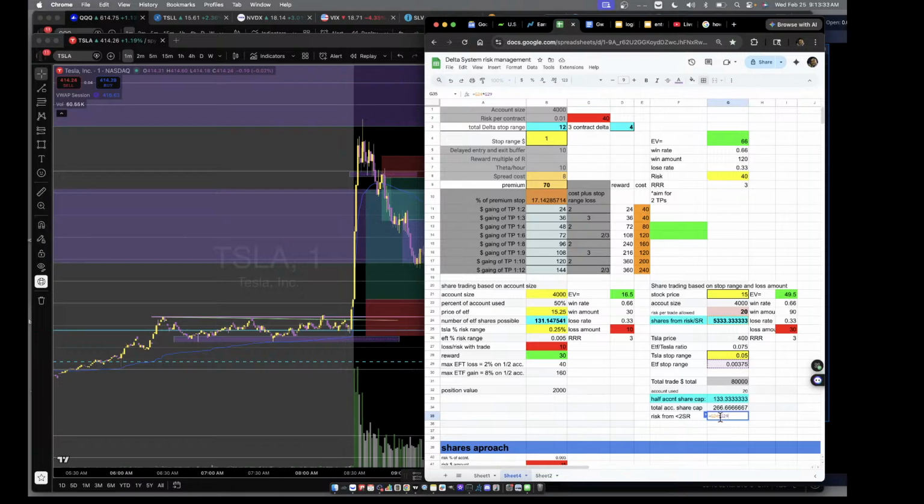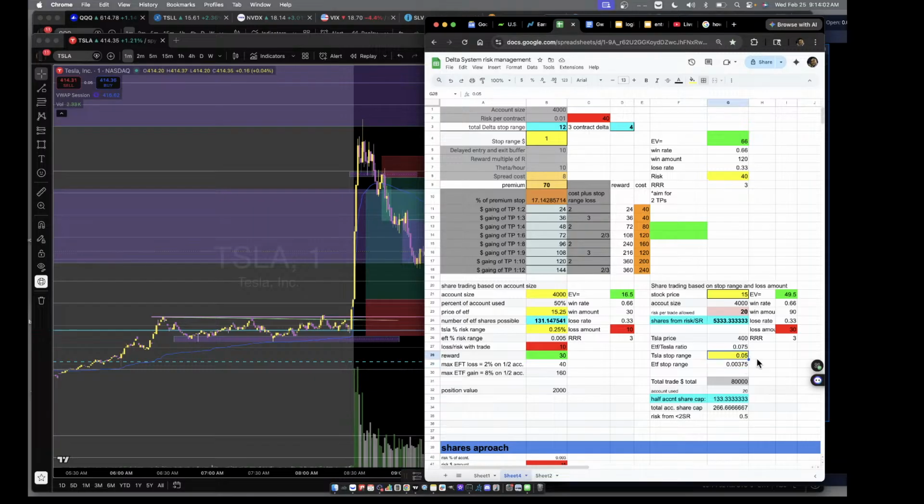Oh, yeah, because I can only trade this. There you go. Yeah, the stop range is never gonna be 0.5. Wait. This times this, correct? Okay.